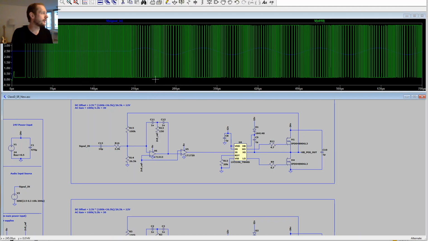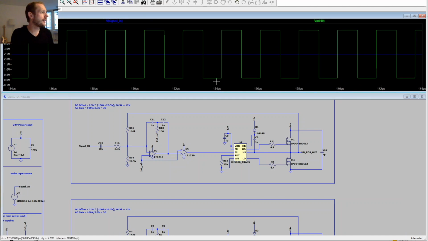Our 10 kilohertz signal is starting here at the point of 200 microseconds. And you can see already that our amplifier is in idle operation mode and has a more or less perfect 50% duty cycle output signal. This is our idle operation, and I said my design goal was to have about 500 kilohertz, and you can see here that we are at 516 kilohertz idle operation.